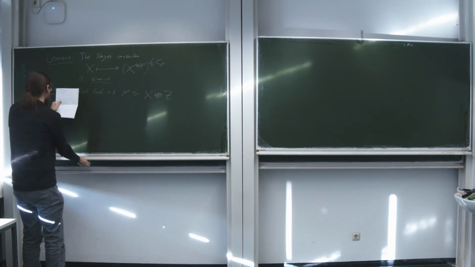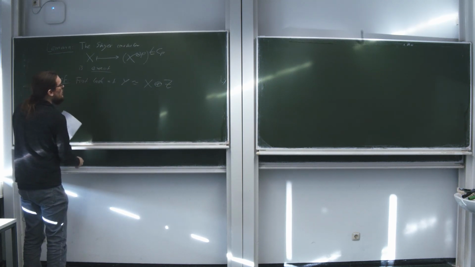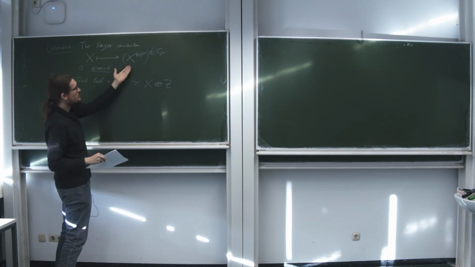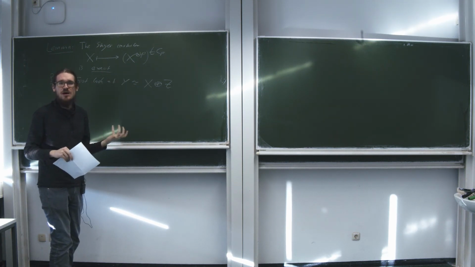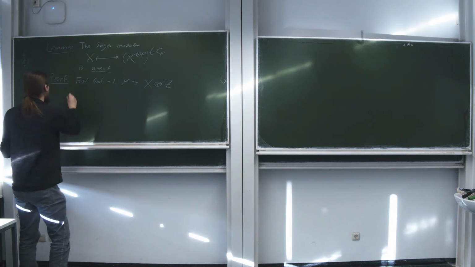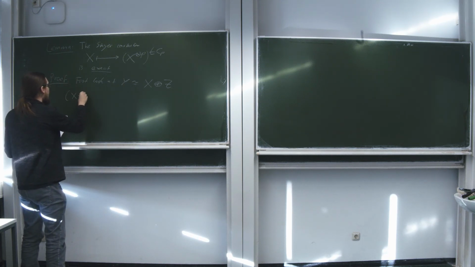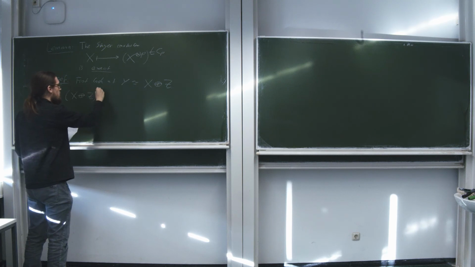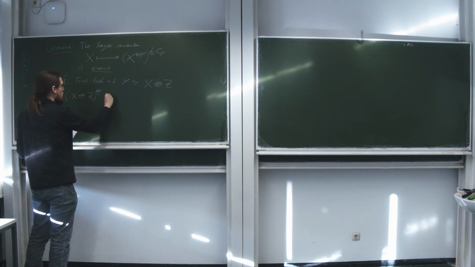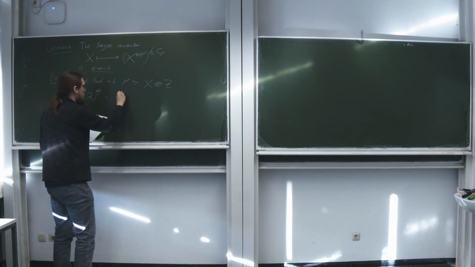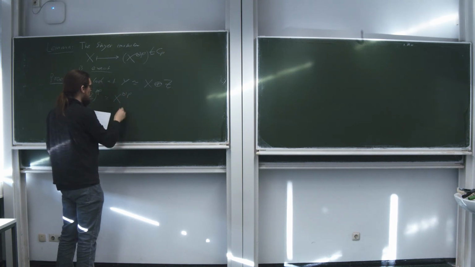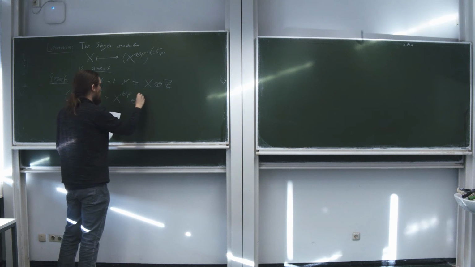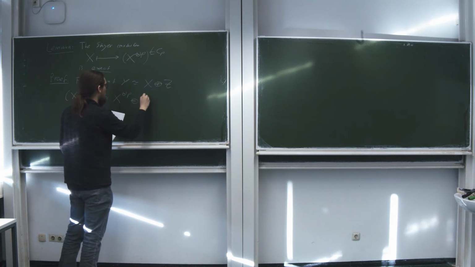In this case, as I already said, the tensor power is not additive, but we can explicitly see by how much it fails to be additive. Take X plus Z, and then the p-fold tensor power. This splits by some kind of categorified binomial theorem.